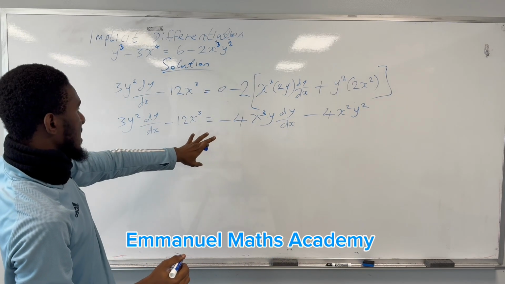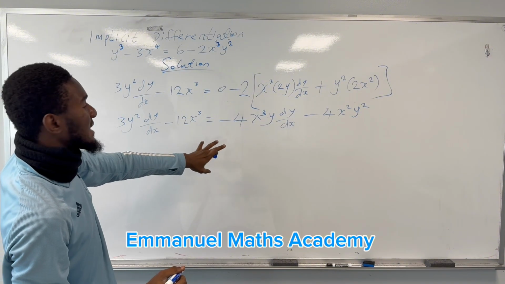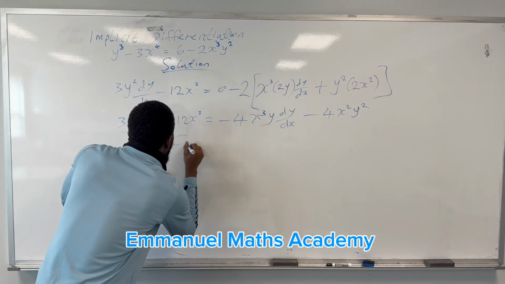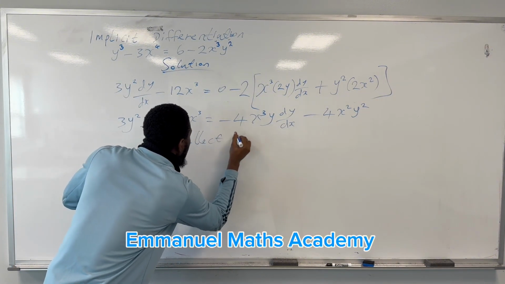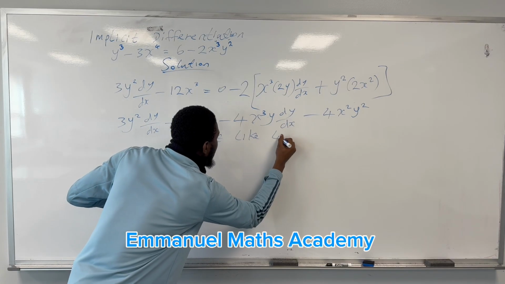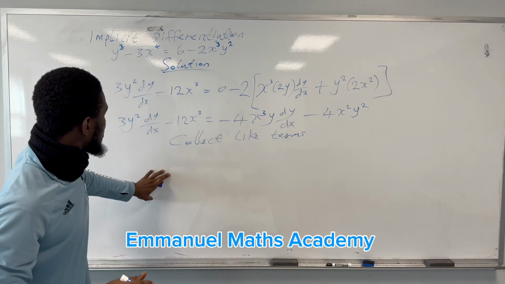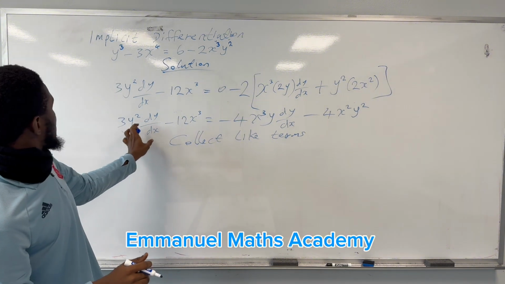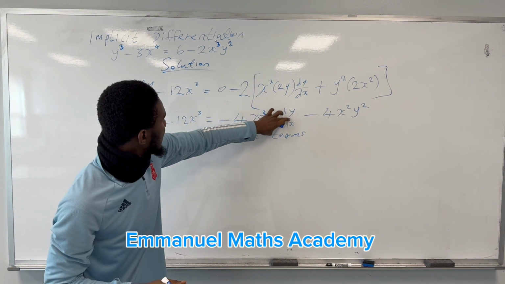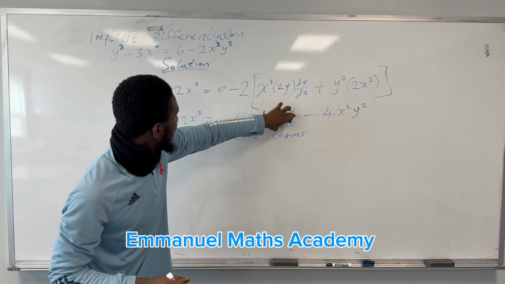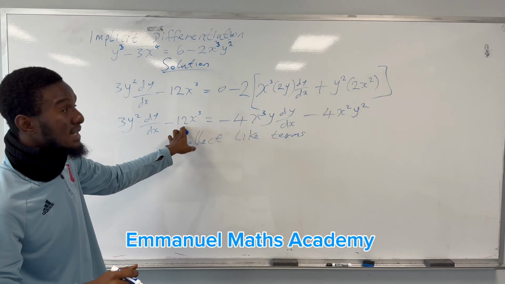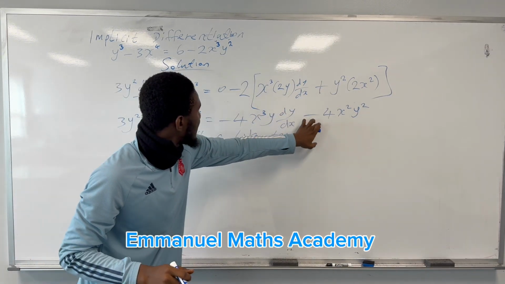Right? Hence, what do you do next? You collect like terms. Since you have dy/dx here, you bring the terms that have dy/dx inside here, and you take this 12x cubed outside here.